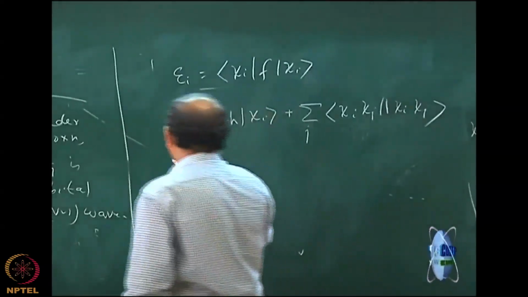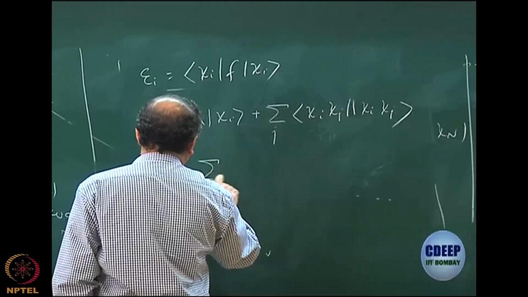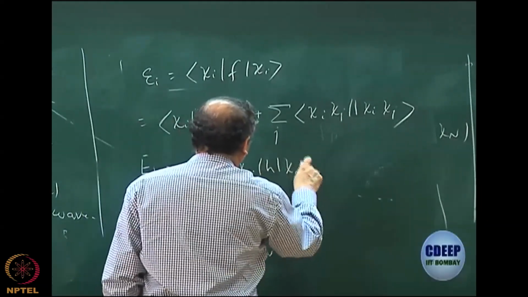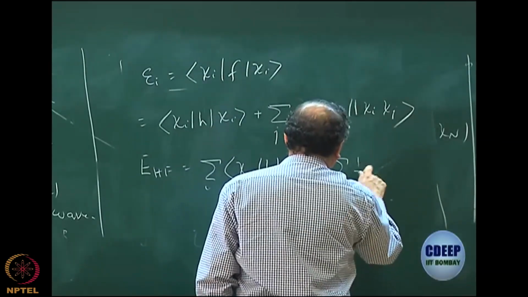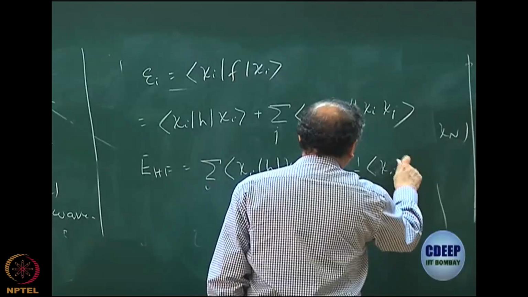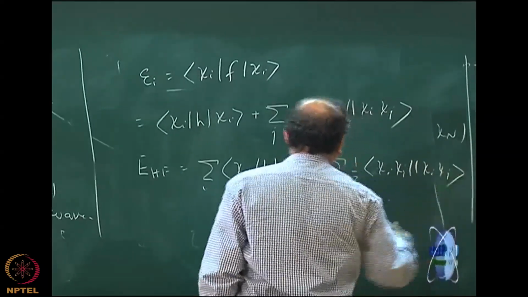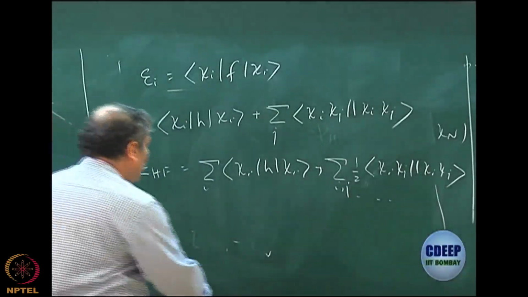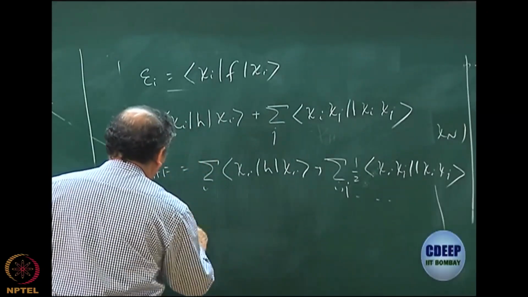And if you also note, our E Hartree-Fock had a sum over all I, chi I h chi I plus sum over I here, but it had a factor half, correct? That is the difference in the Hartree-Fock energy, that you have a factor half, which all means that the E Hartree-Fock cannot be sum of the orbital energies.